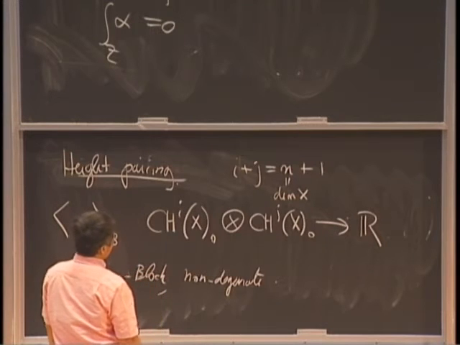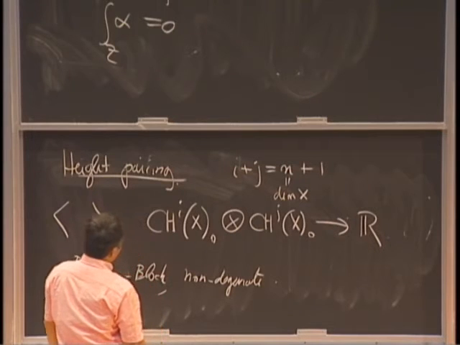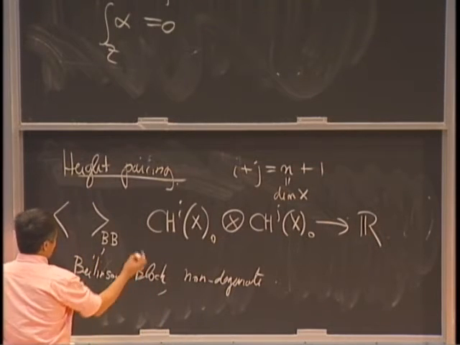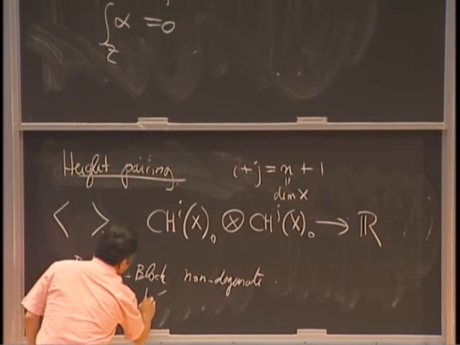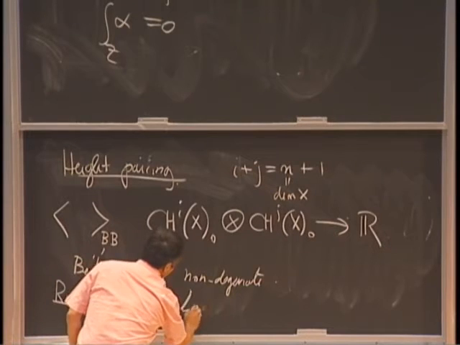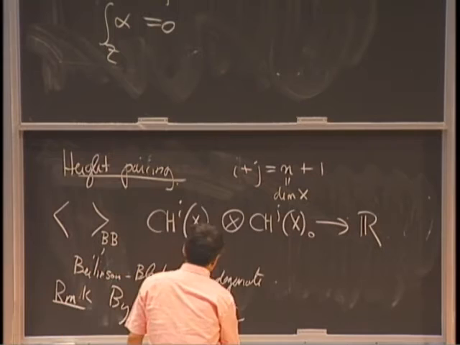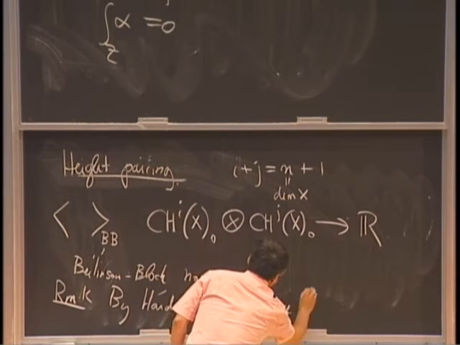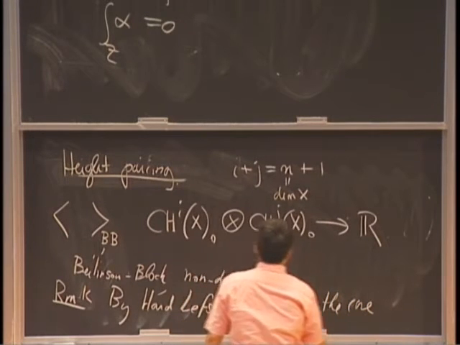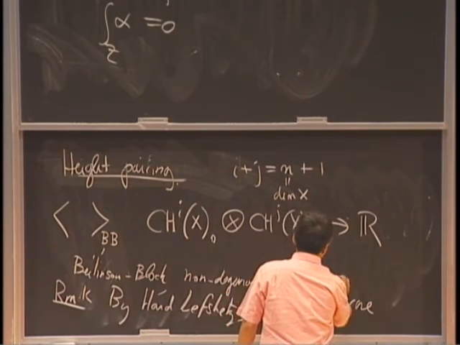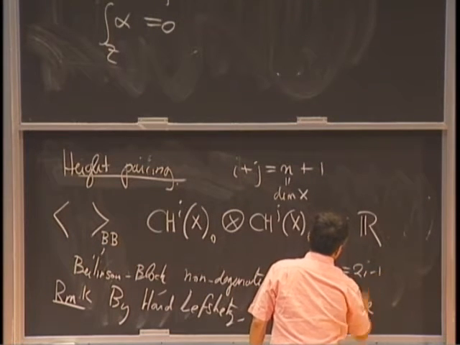Another very important remark is that in this theory you have the hard Lefschetz conjecture. By hard Lefschetz, you can reduce the study to the case n equals 2i minus 1.